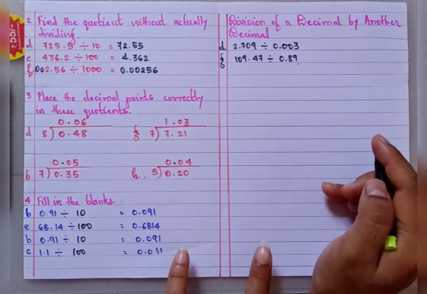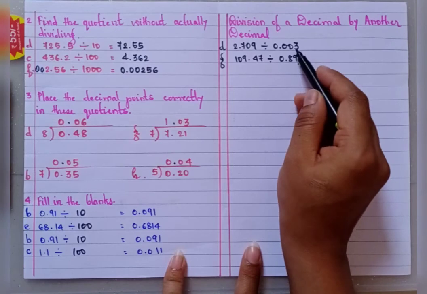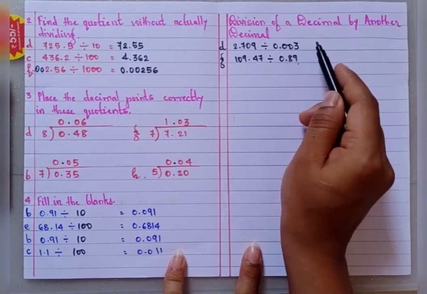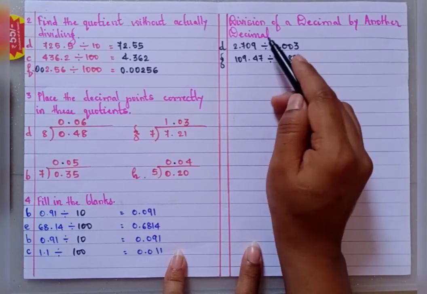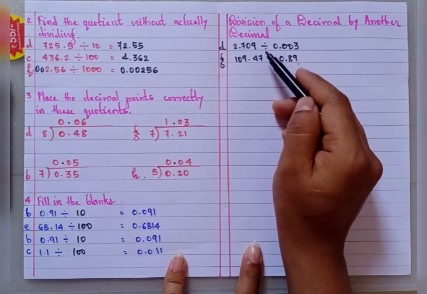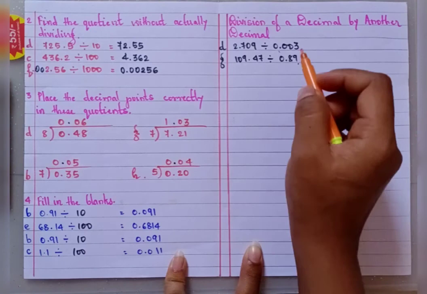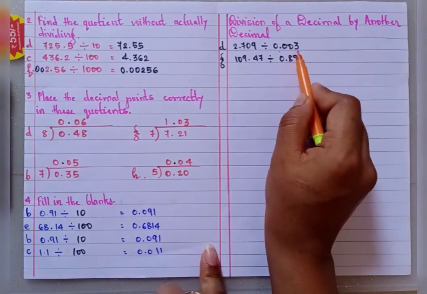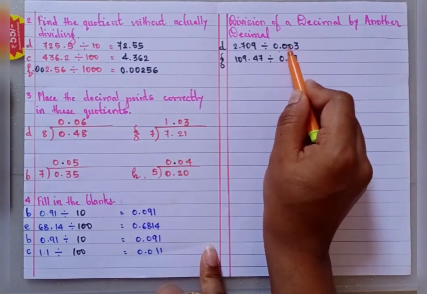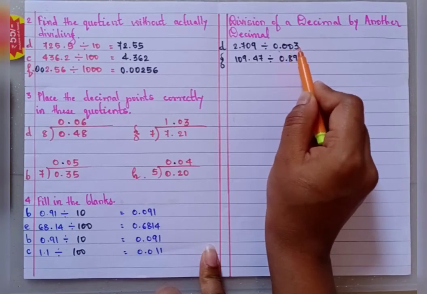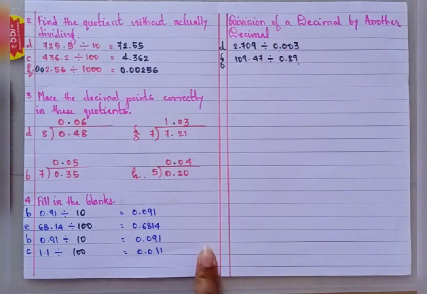What we have to do is, whatever divisor we have, we have to convert that divisor into a whole number, and after that we divide in the usual manner. So therefore, let's convert this divisor into a whole number. So when will we convert this divisor into a whole number? When we multiply this decimal by 1000. Okay, so let's rewrite the given things.